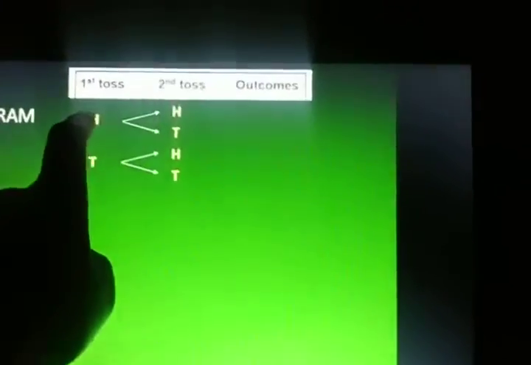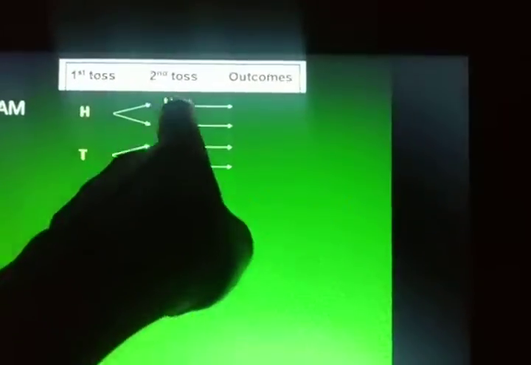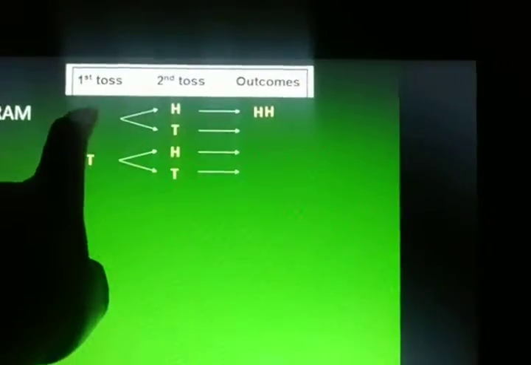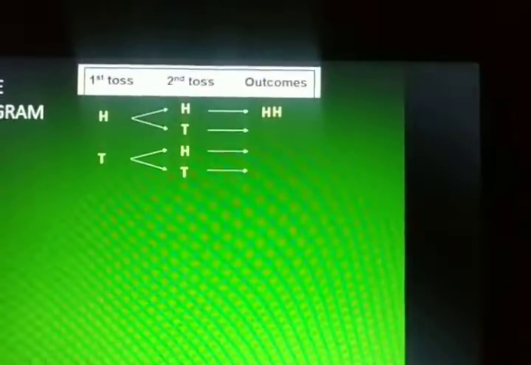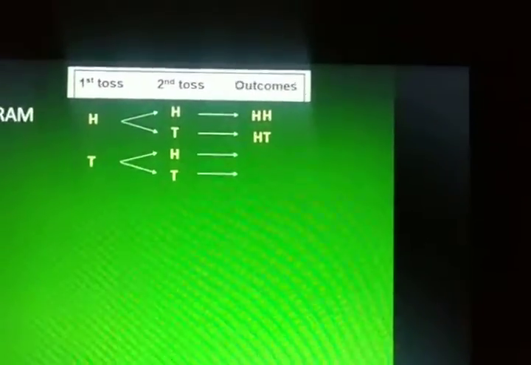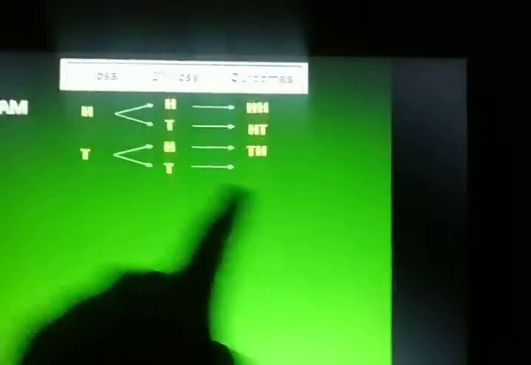Head and head, copy. H, H. That is its outcome. H, H. Pair H and tail. Head and tail. Next, tail and head. Tail, tail.